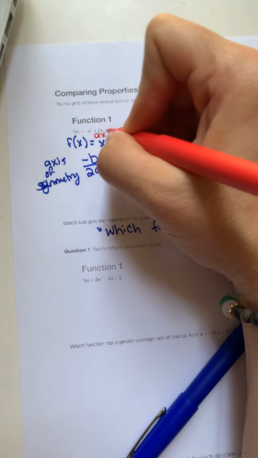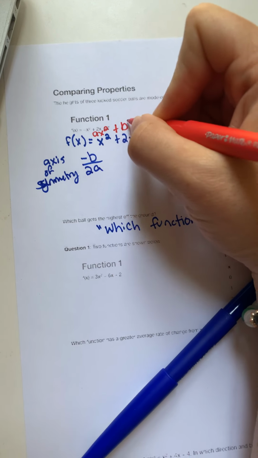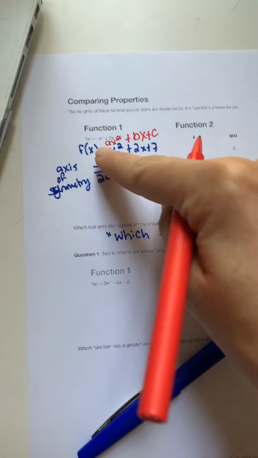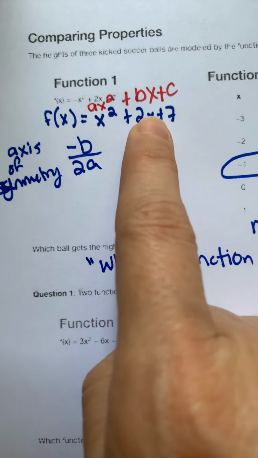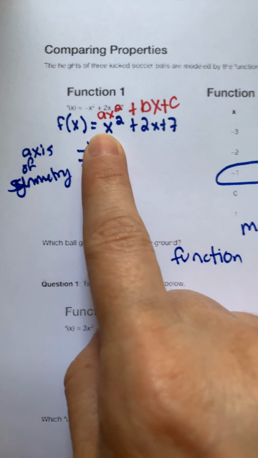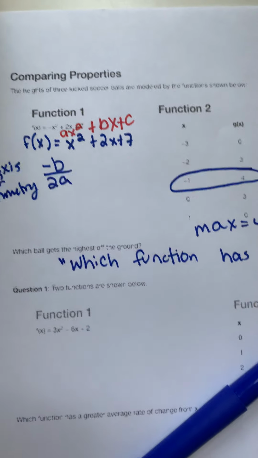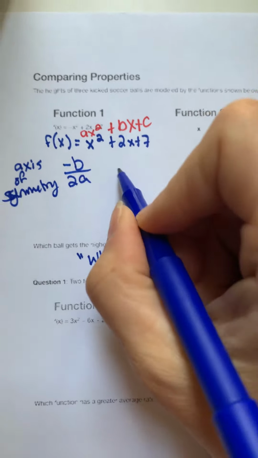So if an equation in standard form is ax squared plus bx plus c, then I have an a of 1 and a b of 2. There's no number here for a, but I'm going to pretend like there's a 1 there because that's what we do. So b is 2.